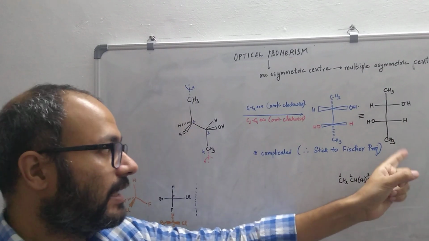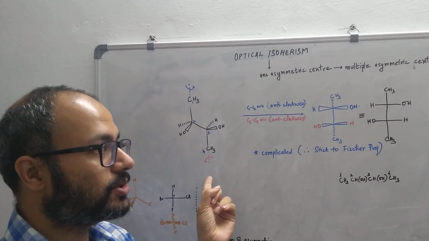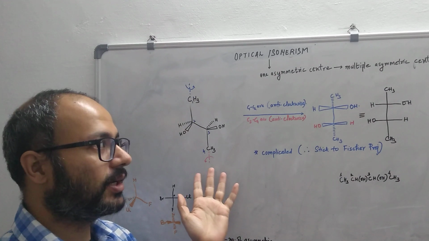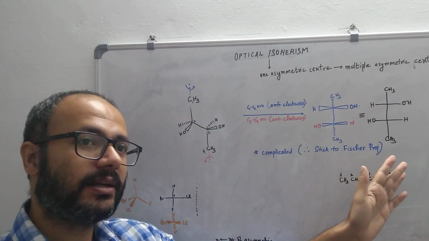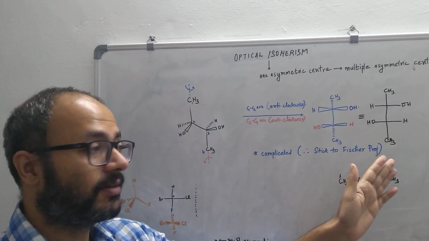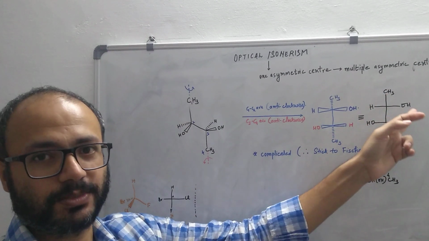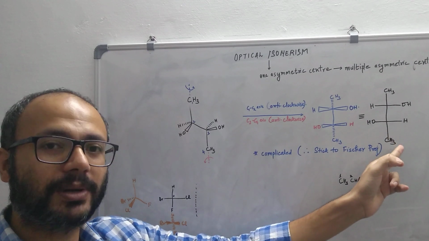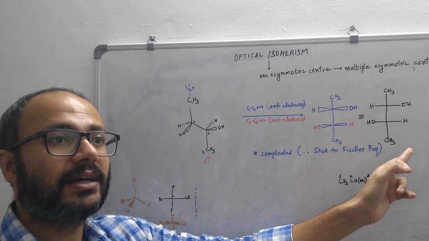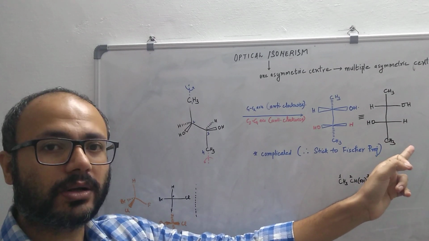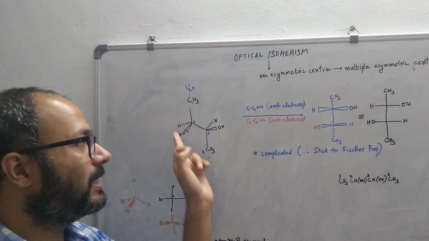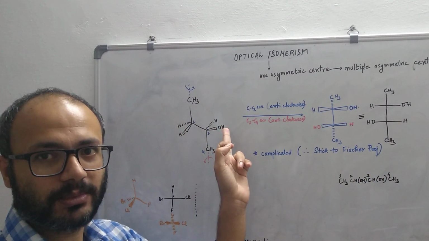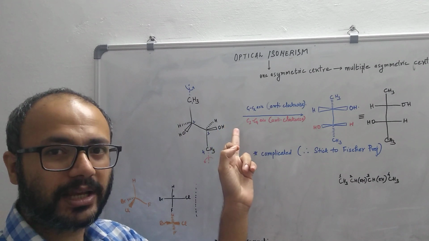That is why I'm just going to show you how we convert a perspective formula into a Fischer projection formula, but from here onwards I'll be only using Fischer projection formulas because they are simpler to understand and represent when I talk about multiple asymmetric centers. I won't be discussing the perspective formula further because it looks a little complicated.